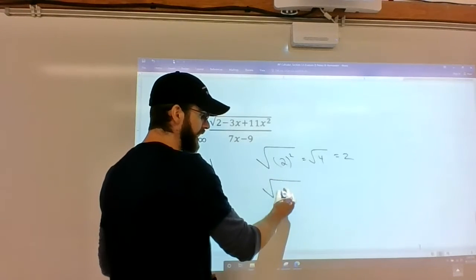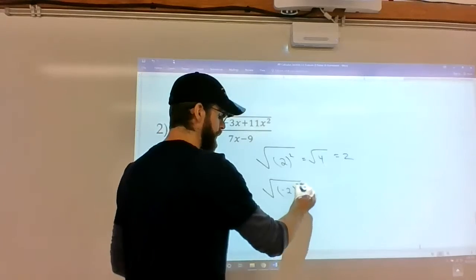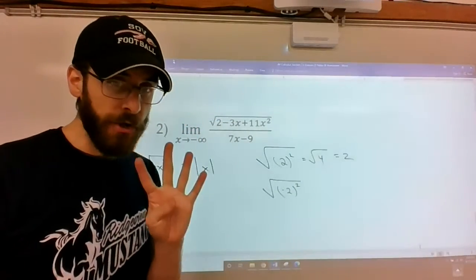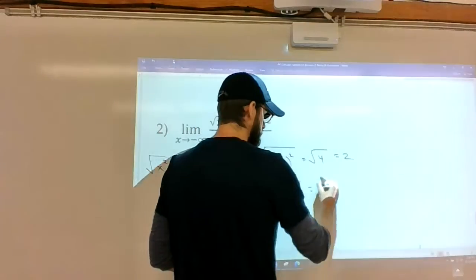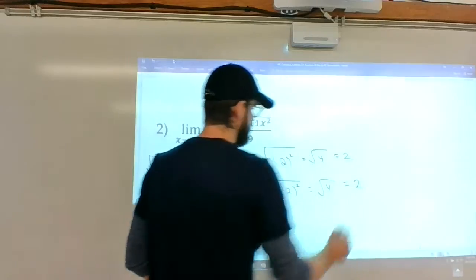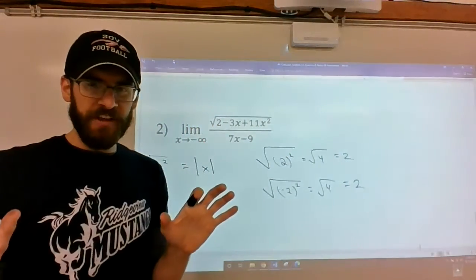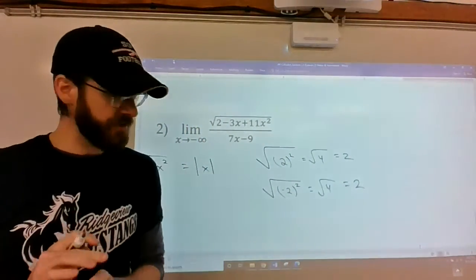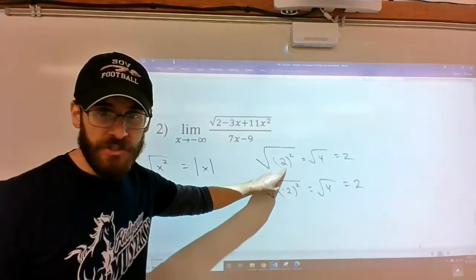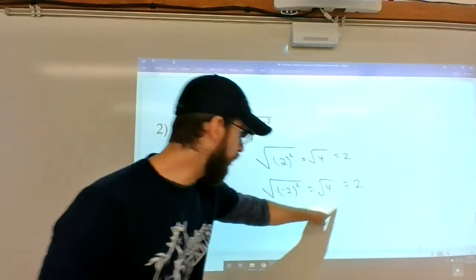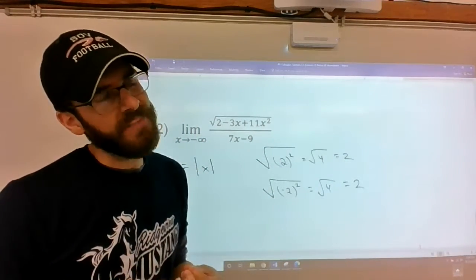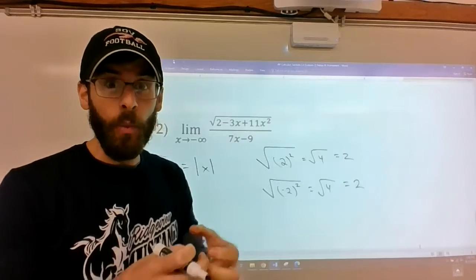Take the square root of negative 2 squared. Negative 2 times negative 2 is also 4, which is 2. So it's sort of like this idea of working backwards. You don't know if you've got a positive 2 or a negative 2 when you take away the root.